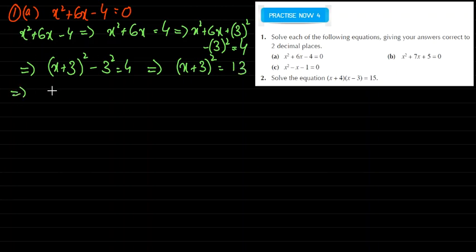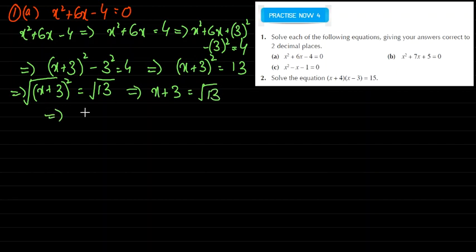Further, x plus 3 whole square, if we take under root, we can eliminate the square. So it becomes x plus 3 is equal to under root 13. It becomes x is equal to under root 13 minus 3.